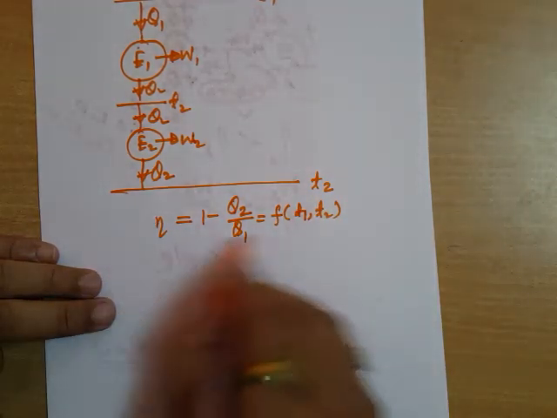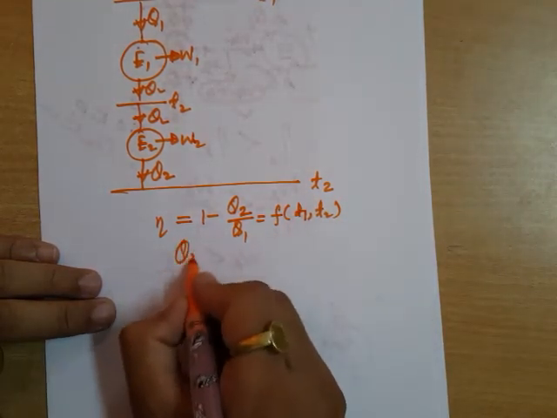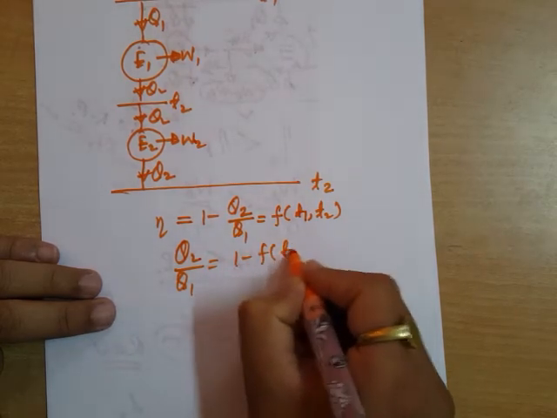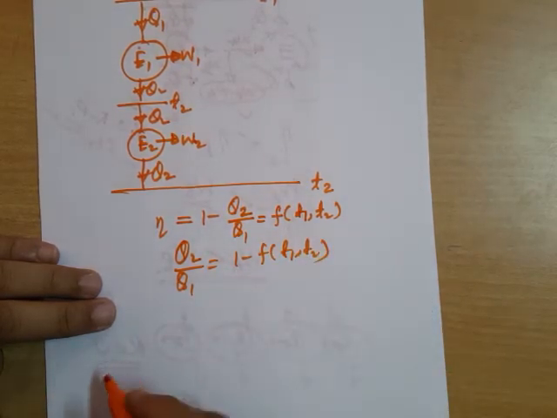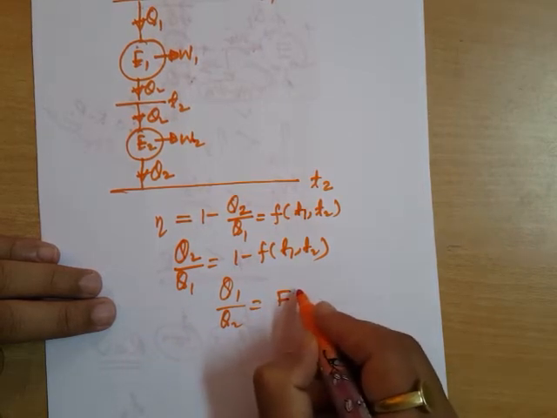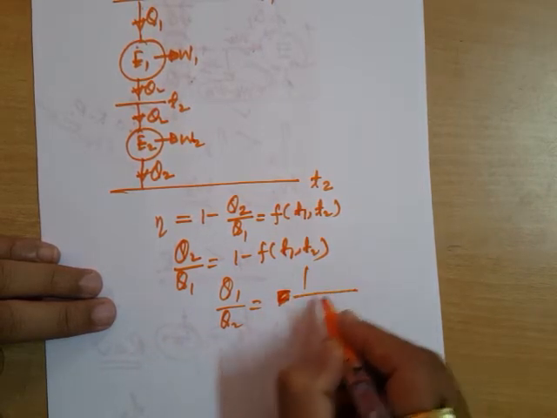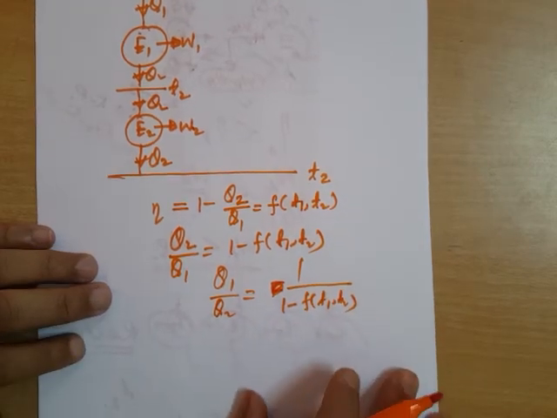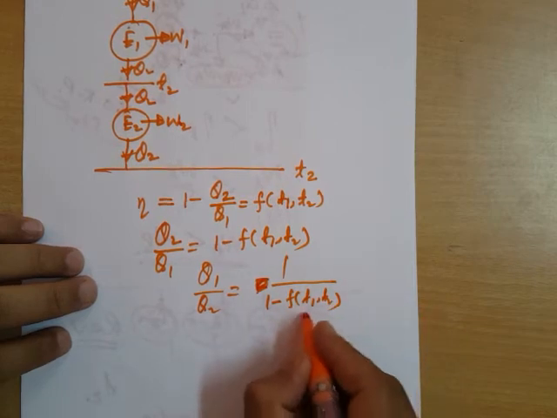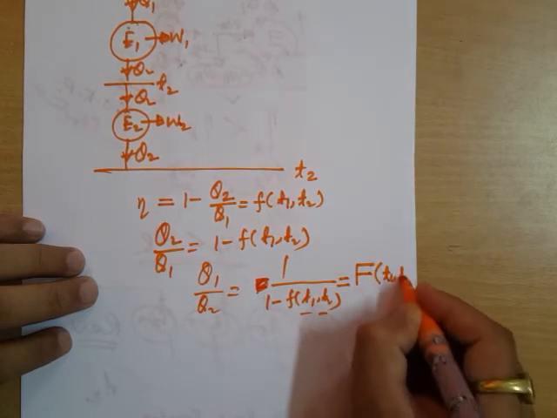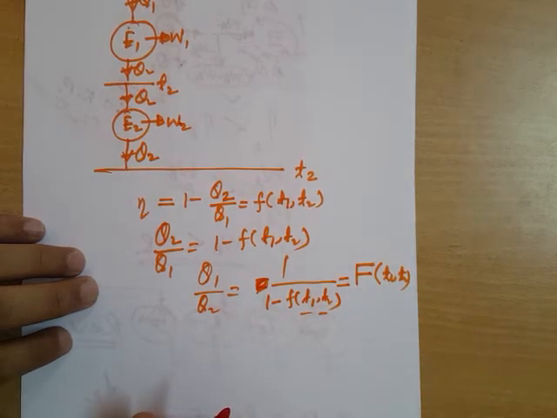So Q2 by Q1 will be 1 minus a function of T1 and T2, or Q1 by Q2 is 1 divided by 1 minus the function of T1 and T2. So this Q1 by Q2 is a function of T1 and T2, like this.